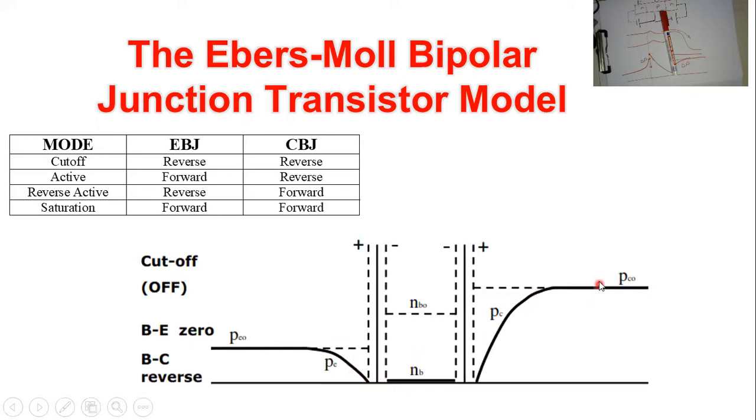Minority carriers in all three regions will be reduced. As you can see, a reduction here, a reduction in the base, and a reduction here, because both junctions are reverse biased junctions. Please don't forget, reverse bias means that the poor man pays money to the rich man, so the poor man even loses the little amount of money he has.